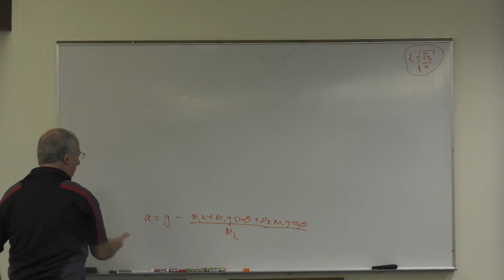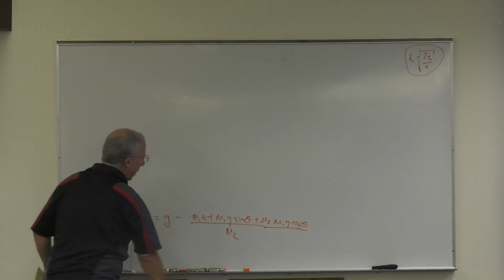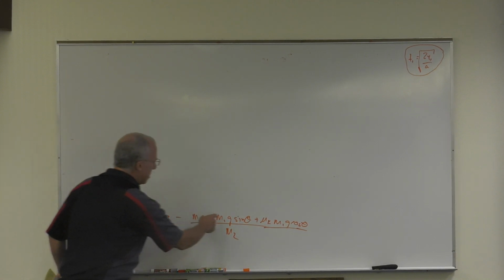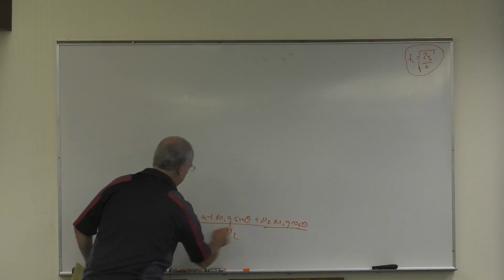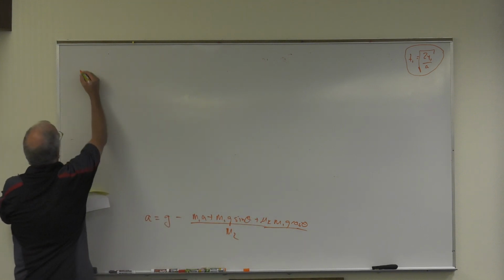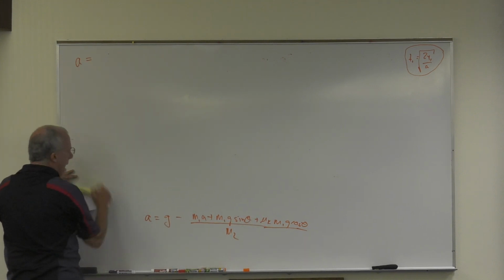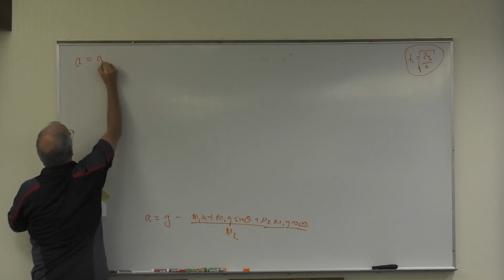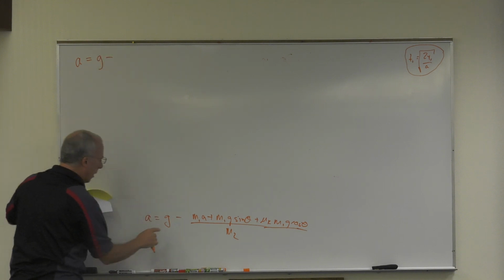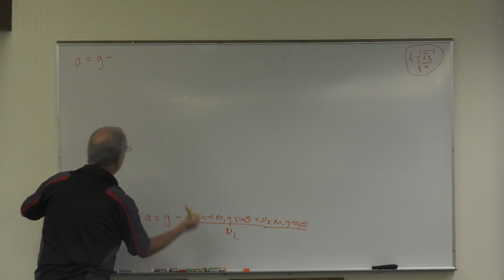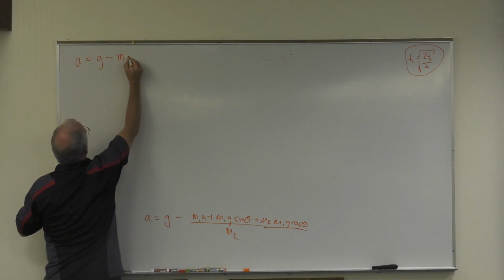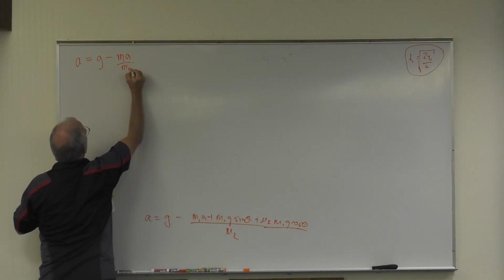Okay, so I got to solve for A, but I have an A here and I have an A here. So I think it's going to be easier if I break this thing up into individual pieces. So A equals G minus M1A over M2.